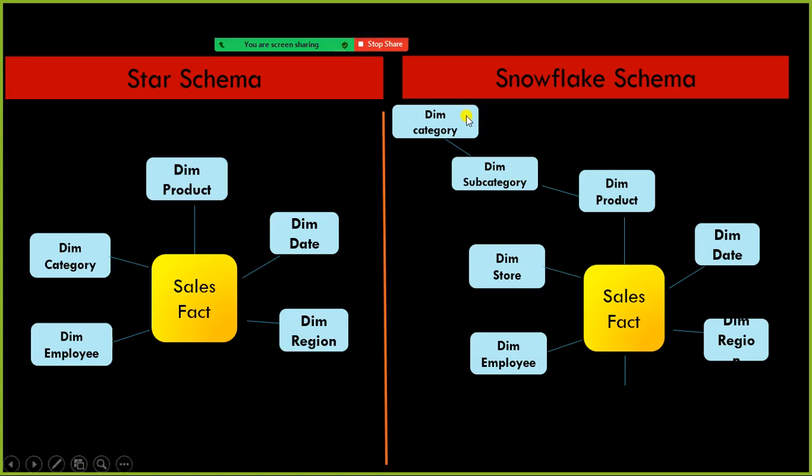So in general, what we do is we go by star schema. Even if you land up with a situation something like this, we do some kind of denormalization. We combine everything into a single table, so that it doesn't require joining multiple tables. This way we can make sure that the query performance is better.